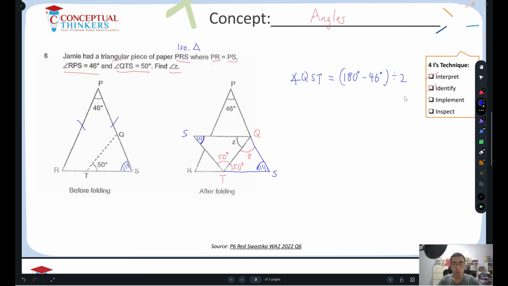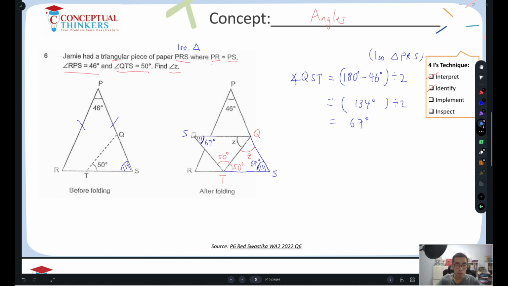The reason we can do that is because triangle PRS is an isosceles triangle. So let's calculate the bracket first. You can use your calculator because this is a paper 2 question. So we'll get 134 degree divided by 2, and you're going to get 67 degree. So this means that this is 67 degree and this angle in the triangle will be 67 degree.